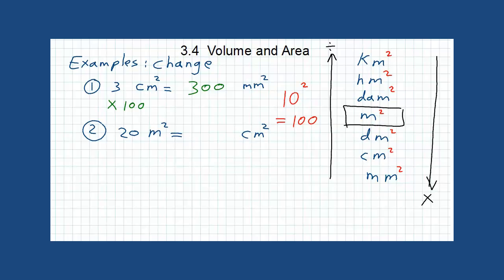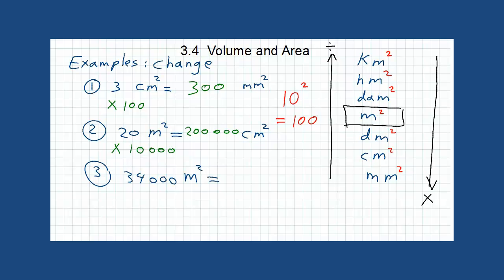So we will multiply by 100, again by 100. So we should multiply by 10,000. So your answer is going to be 200,000 square centimeters.